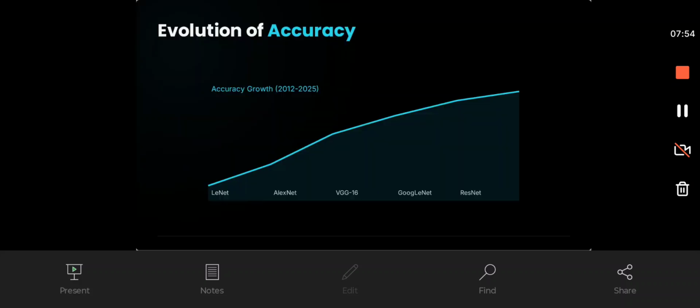So, evolution of accuracy. This graph illustrates the evolution of CNN architecture over time. Starting from LeNet, CNN models gradually became deeper and more powerful. AlexNet introduced a major breakthrough. VGG16 increased depth with smaller filters.